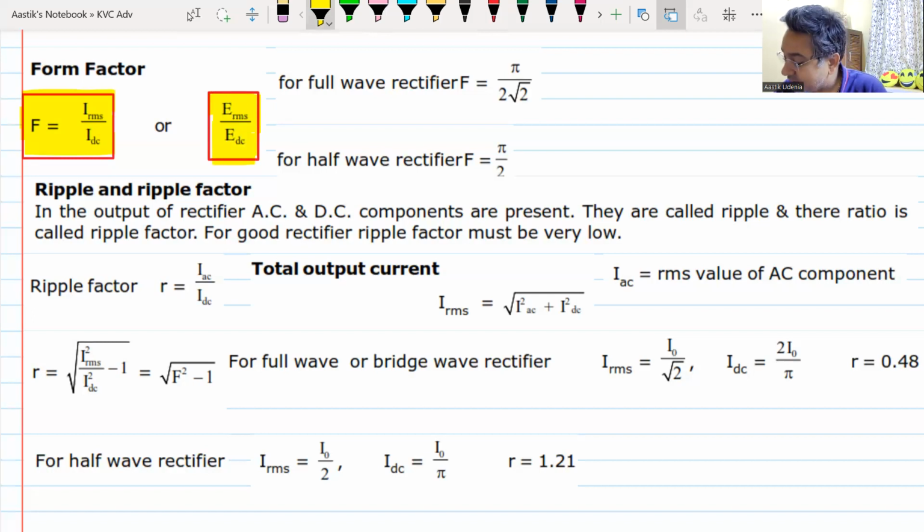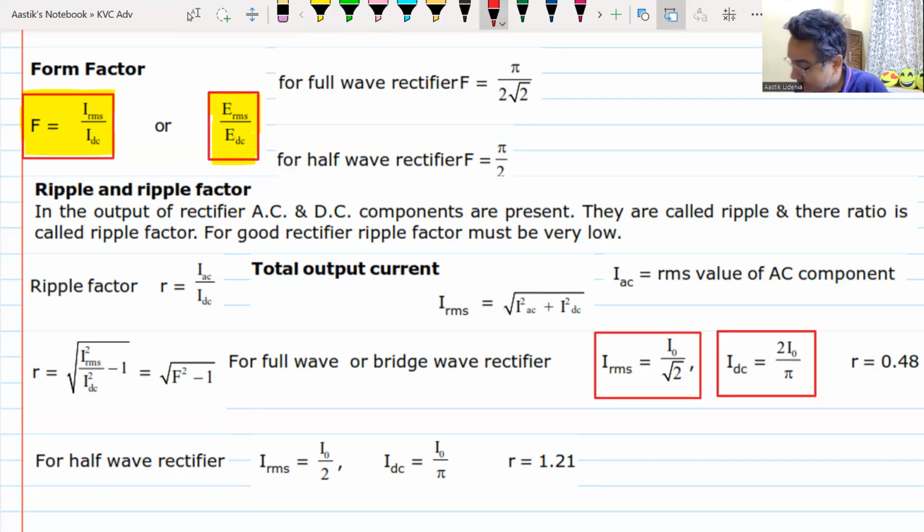For a full wave rectifier, my dear friend, you can see the RMS value is I naught by root 2 and the DC value is 2I naught by pi. For a half wave rectifier, the RMS value is I naught by 2 and the DC value is I naught by pi.